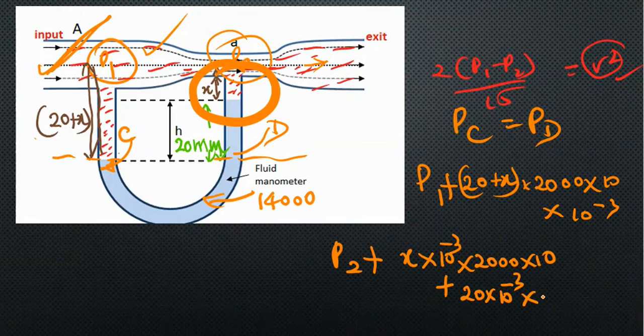That's mercury. So 14,000 into 10, and we get that value. Let's equate these two values, and from that we can find P1 minus P2, right?